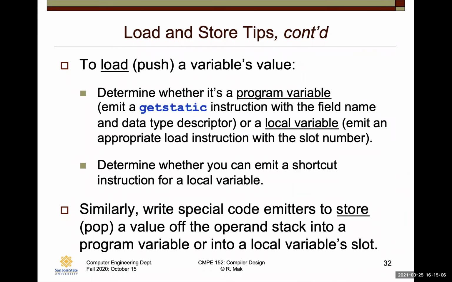You have to write a set of visit functions for semantic analysis, okay? And then in the back end, you're going to write a set of visit functions for emitting Jasmine code, which I started to show you here, okay?